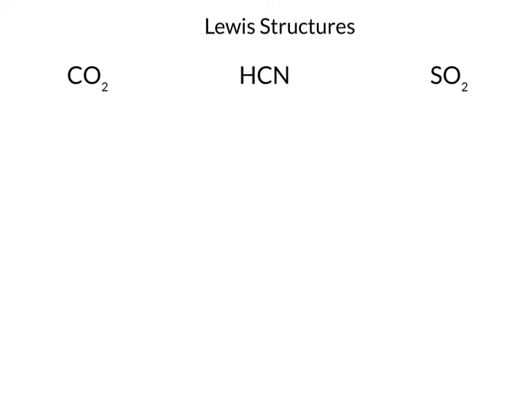Since it's more willing to share electrons, it's more favorable to put that atom in the center of the molecule. So in the case of CO2, we're actually going to put carbon in the center between the two oxygens.